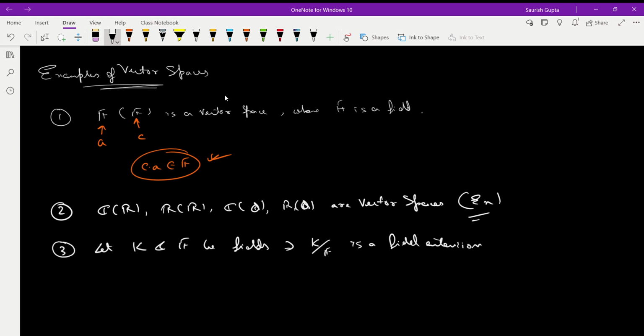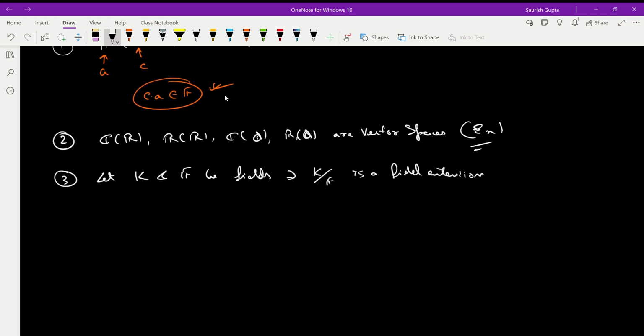That is, F is a subfield of K. Subfield means that it's a subset of K and is a field with respect to the same operations as K. Then F over K is not a vector space.